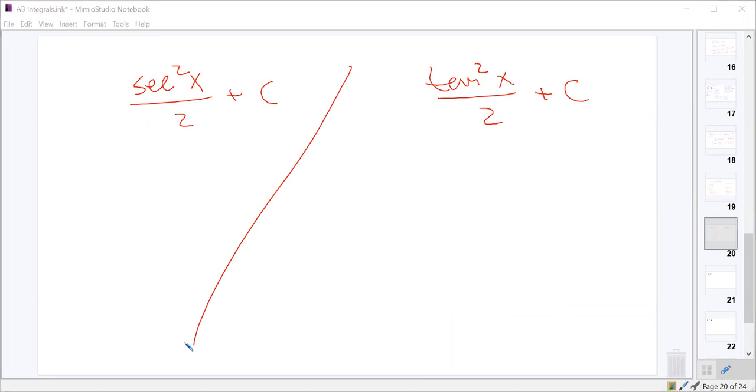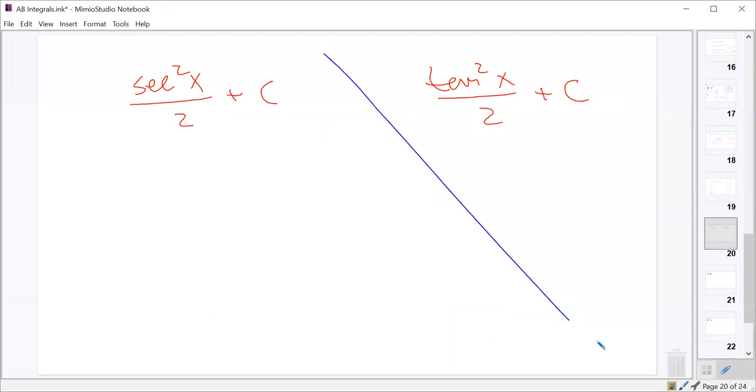Is there a way to rewrite secant squared x? Let's do this the other way, so I have more room over here. Secant squared x is the same as what? 1 over cosine squared.